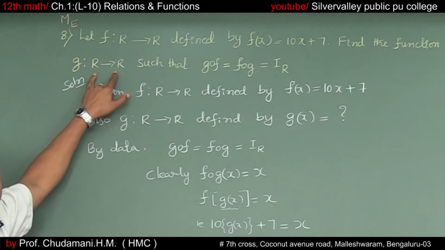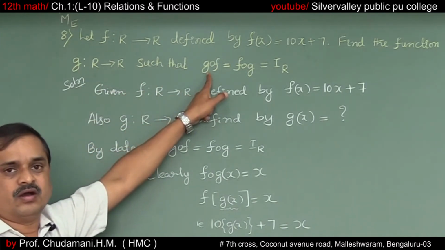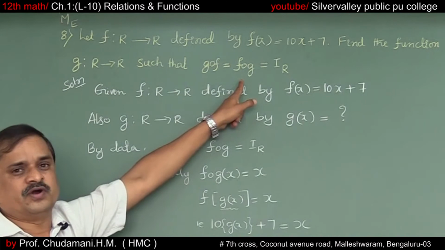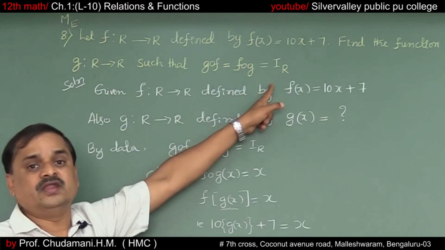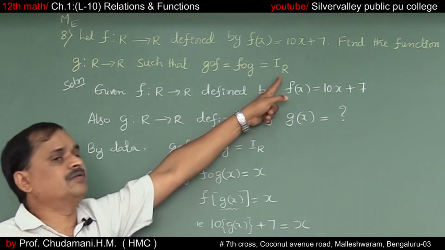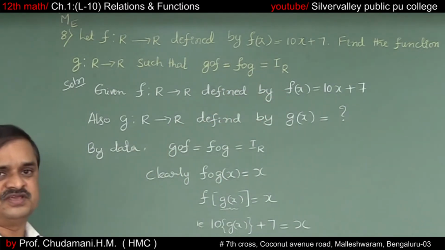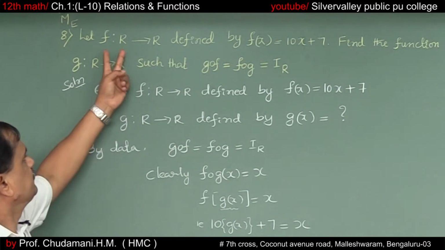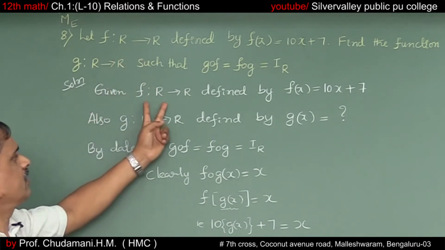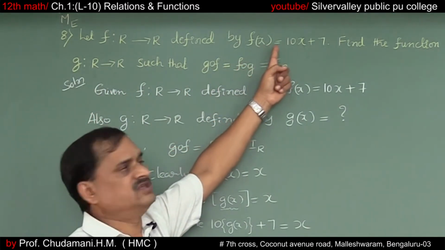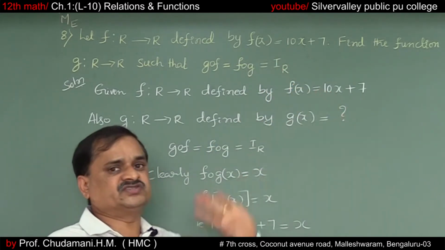You are supposed to find g such that gof is equal to fog is equal to identity function on the set of real numbers. I_R means identity function on the set of reals. Solution. Given f from R to R defined as f of x is equal to 10x plus 7.